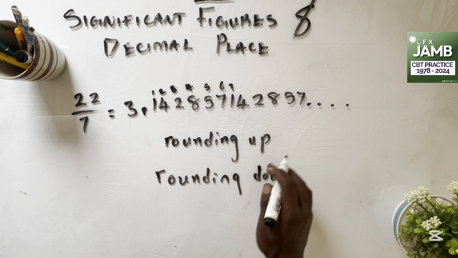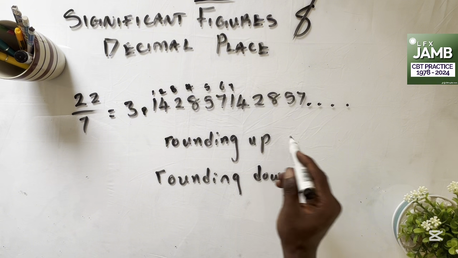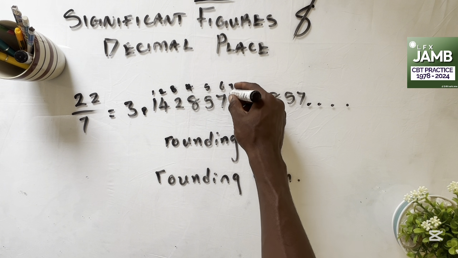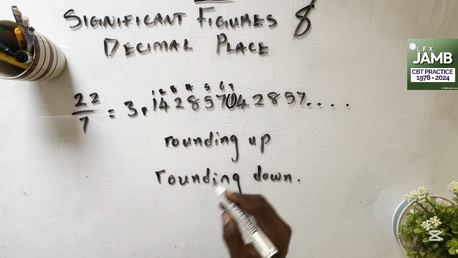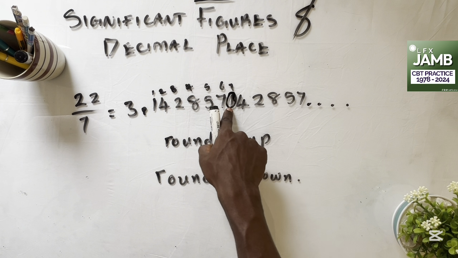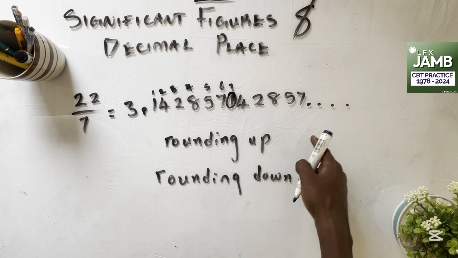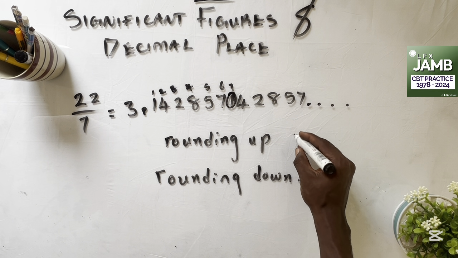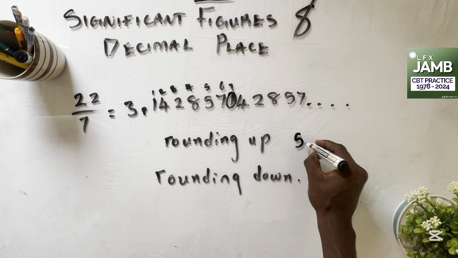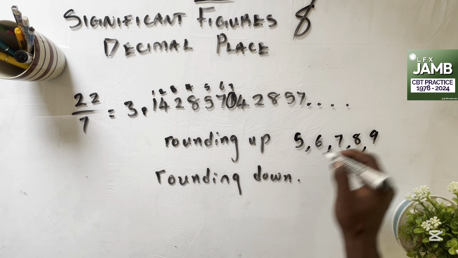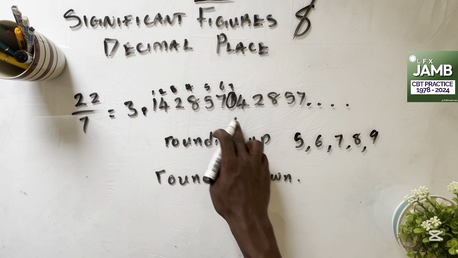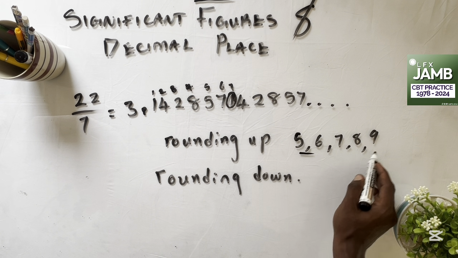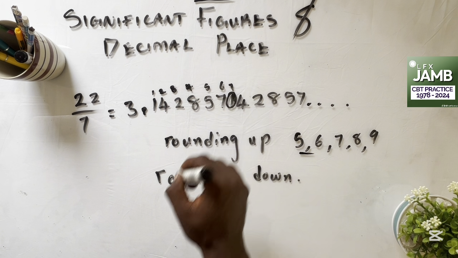Before we round up, we make sure that immediately after the number we are considering, for instance this 7th decimal place, there should be digits from 5 upward. Let's say 5, 6, 7, 8, 9. These are the digits we want to see after the number we are considering. If we see any of these digits, we add 1 to the number we are considering.